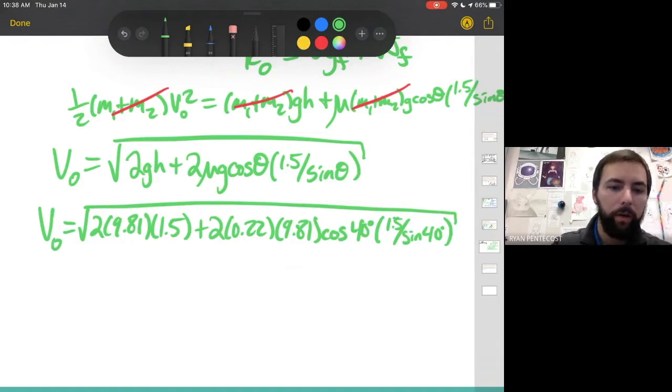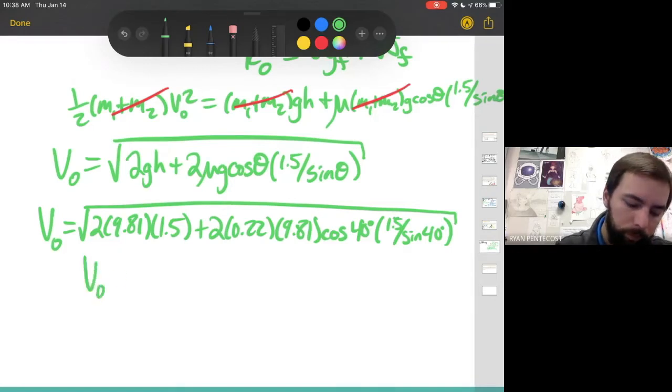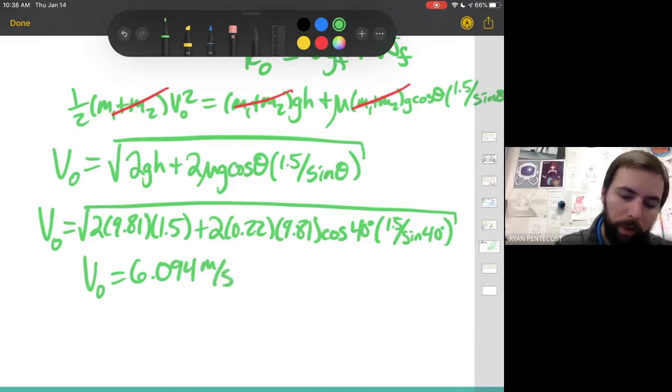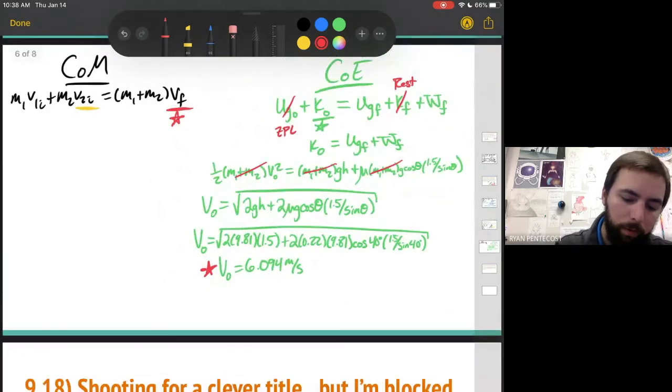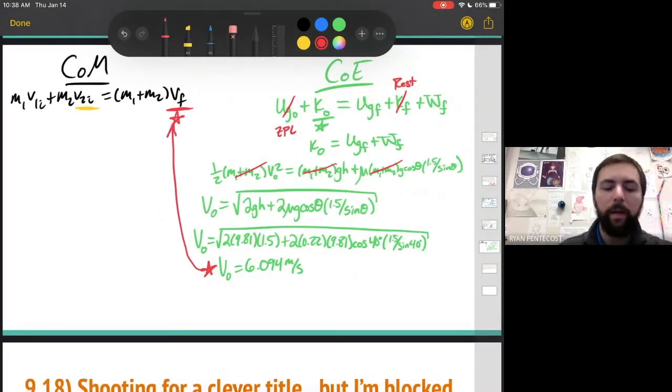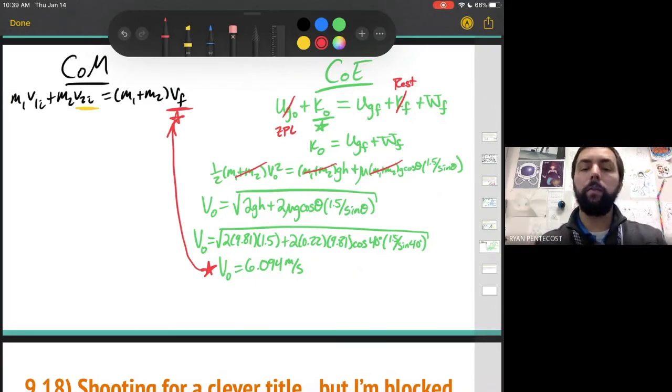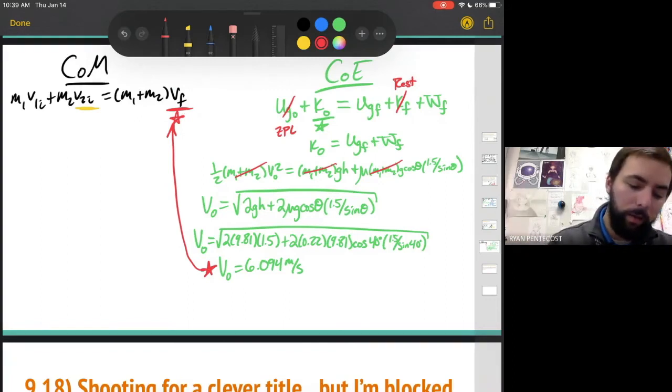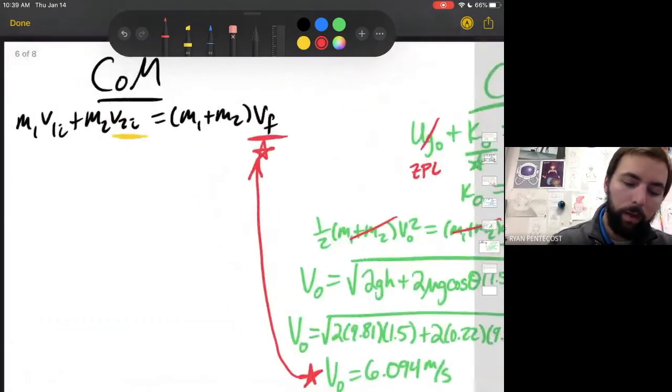If you put that into your calculator, you will get 6.094 meters per second. And that is the red star that we were looking for. That is the velocity of the block-bullet combo after the collision and as it begins moving up that incline, right? So now that we've got that information, we can finish this problem.